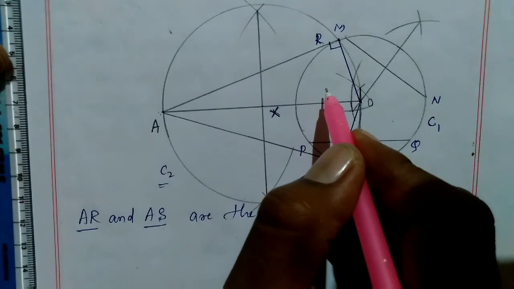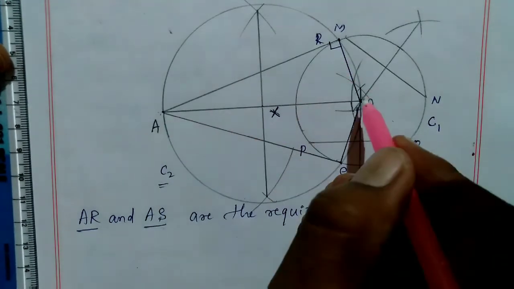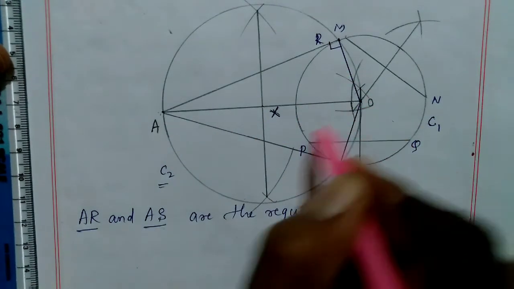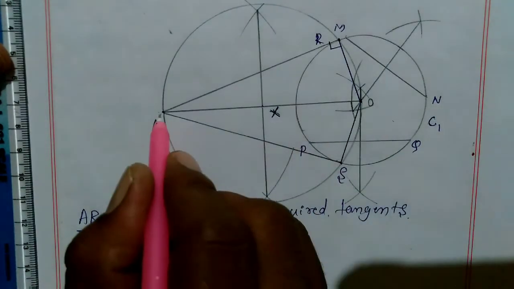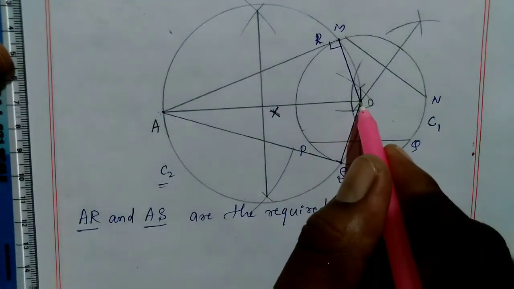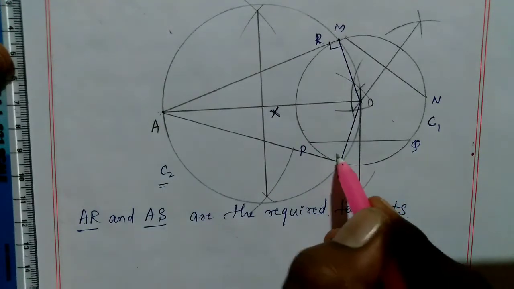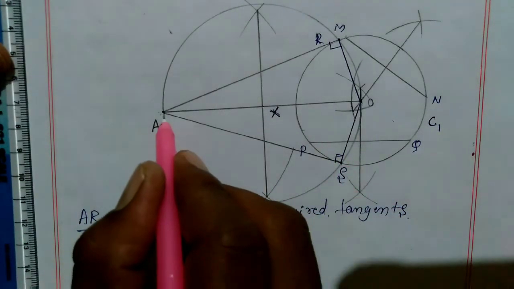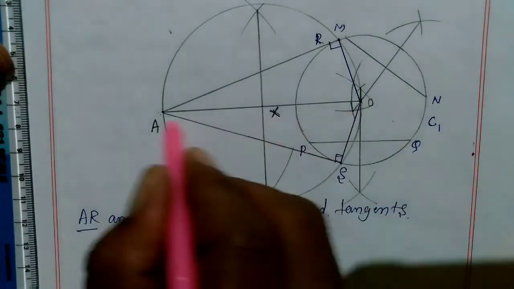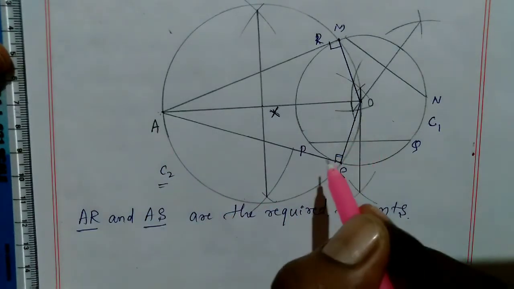Already we know that an angle in a semicircle is always a right angle. Similarly, you can take this angle, ASO, or OSA. This is also 90 degrees because this angle is in a semicircle.